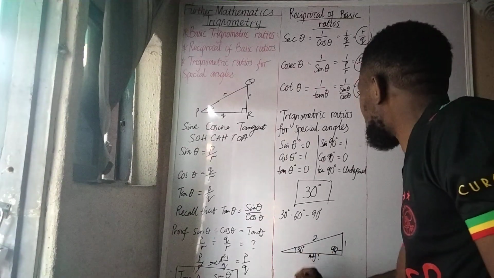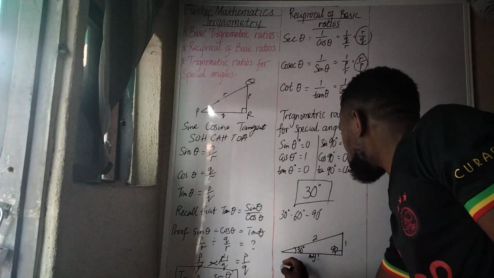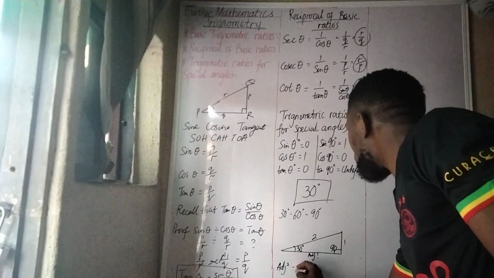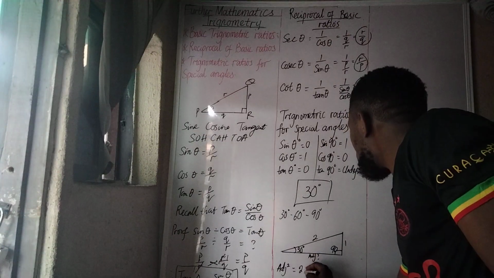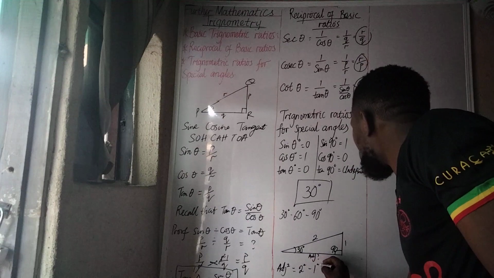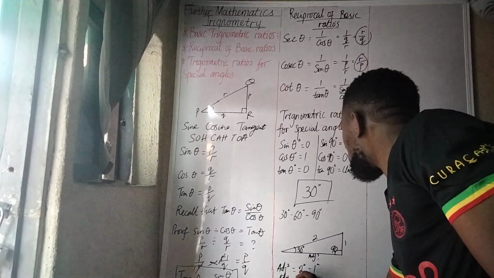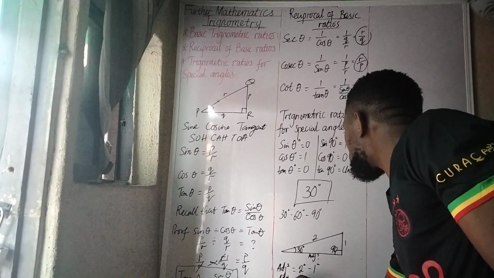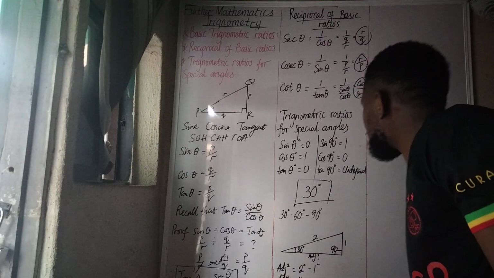So let us get the adjacent using the Pythagoras rule. We have adjacent squared equal to 2 squared minus 1 squared. So adjacent squared equal to 4 minus 1, which is 3.